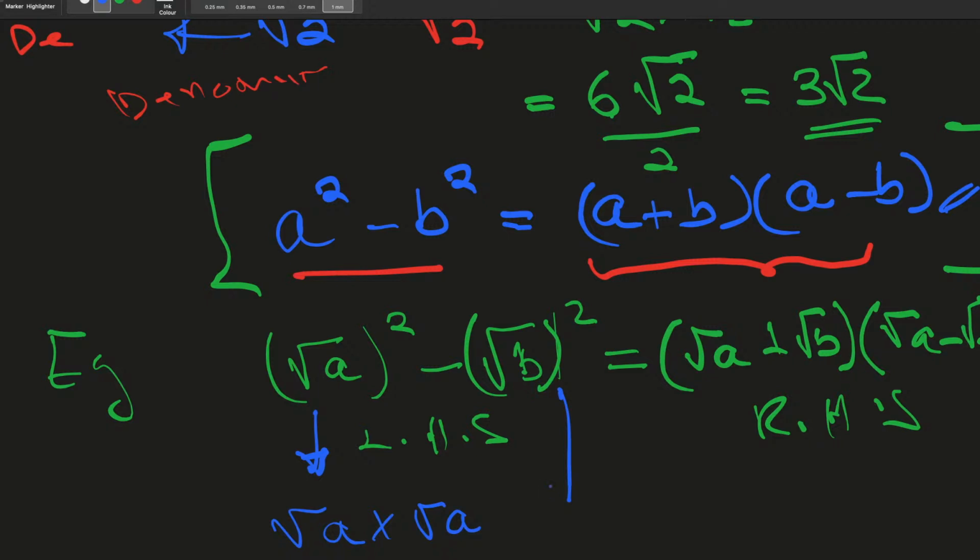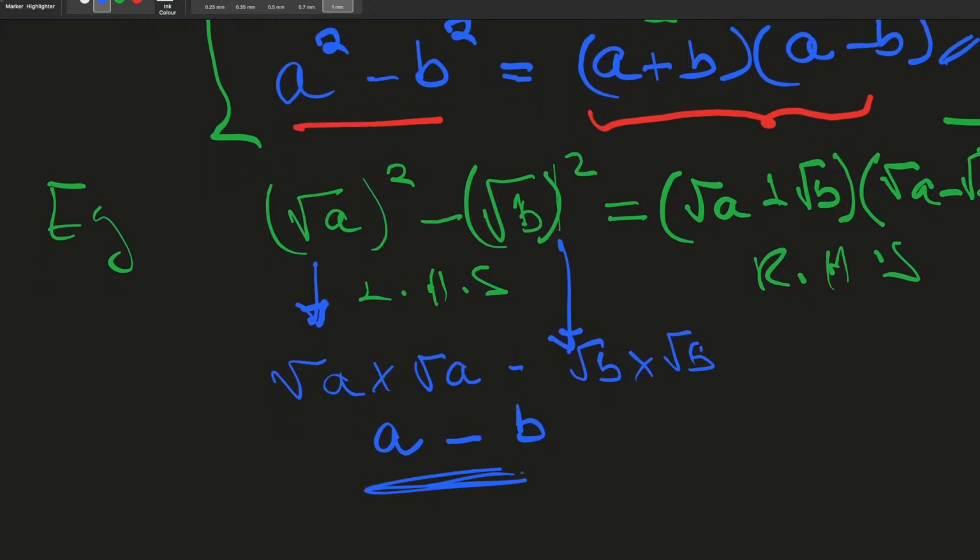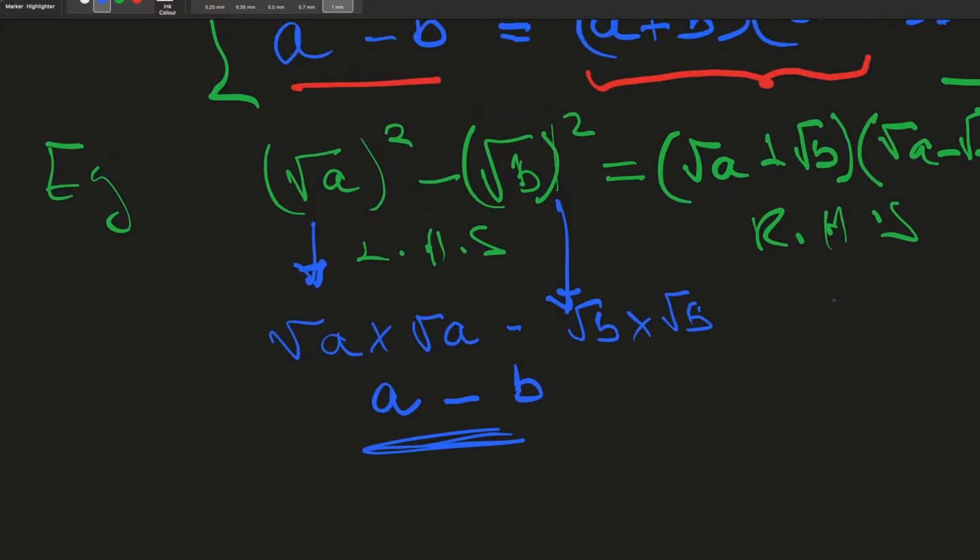And this b means root b times root b. Since they are identical, root a times root a will be a, and this minus sign, and root b times root b will be b. In the same way, when we expand the right hand one, we will get the same. Let's see whether it's true.